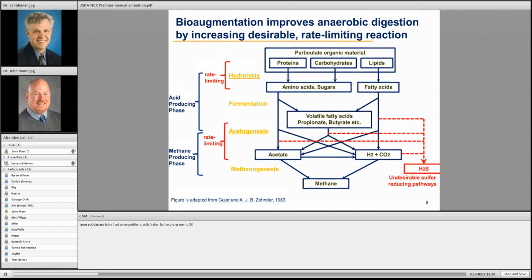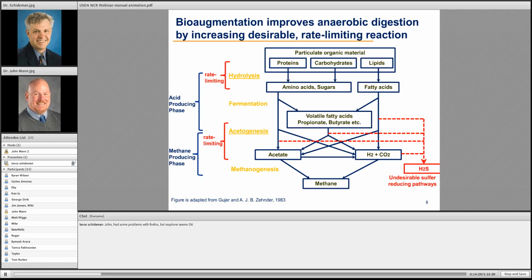Okay, yeah, that's good. Okay, so bioaugmentation is attempting to improve some of the desirable rate-limiting steps of anaerobic digestion. And what you see at the top here is that you've got the original waste material classified as proteins, carbohydrates, or lipids. And those materials go through a series of breakdown steps. The first one is hydrolysis, to put the material into a solution where it's accessible by microorganisms.